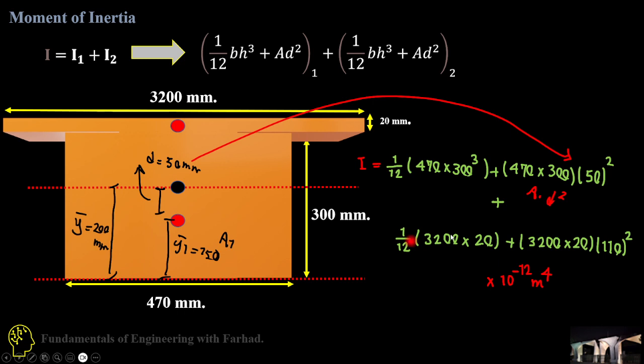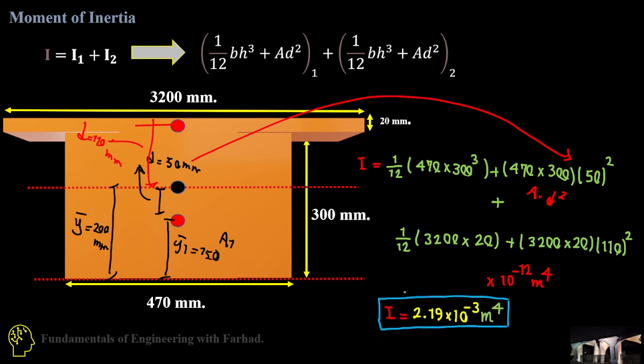We do the same for the second part, and this centroid is located at this distance, so d2 is 110 millimeters. Then it gives you an overall moment of inertia of 2.19 times 10 to the negative 3 meters to the fourth.